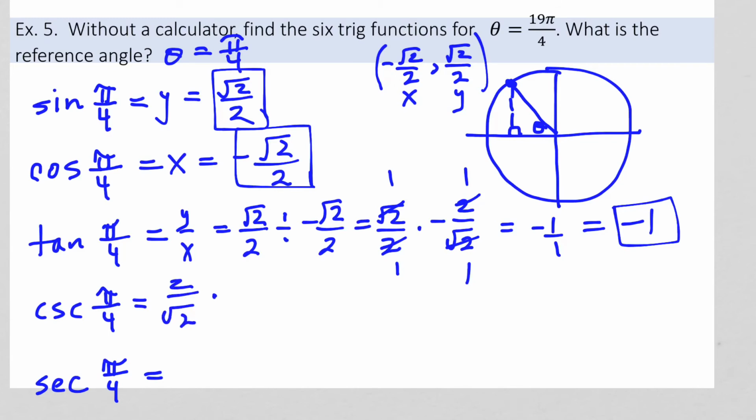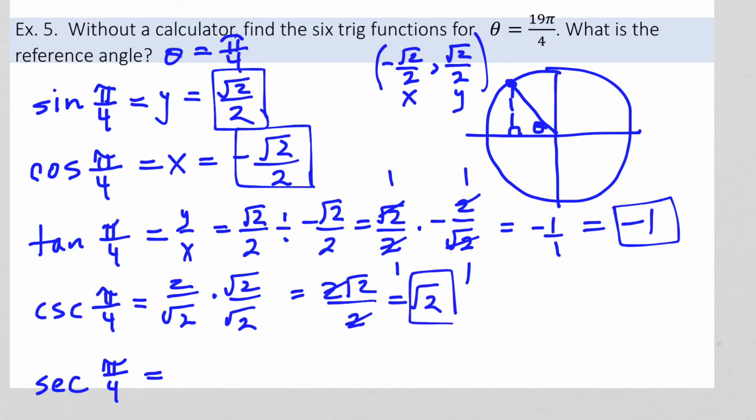All right, so the cosecant is the reciprocal of the sine, so that's 2 over root 2 times root 2 over root 2 if I rationalize. So that's 2 root 2 over 2, so the 2's will cancel, so you'll get root 2. And then the secant is going to be 1 over x, or the inverse of negative root 2 over 2, which is going to be the same thing except it's going to be negative, right?